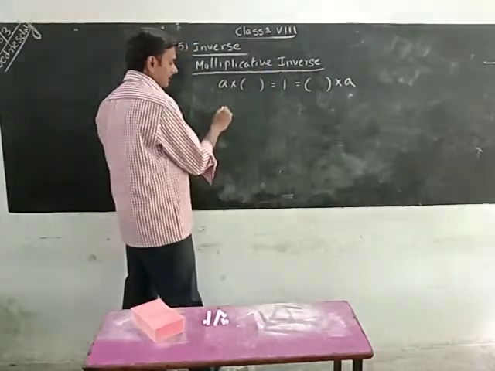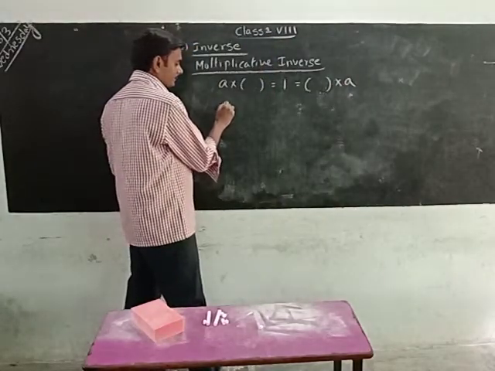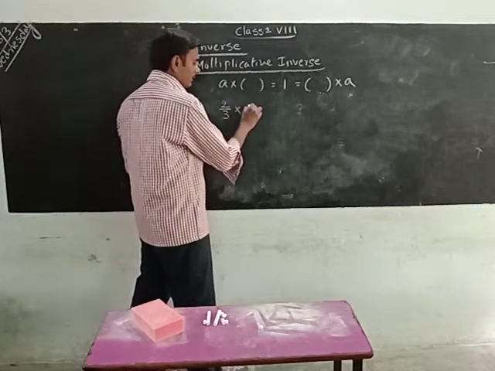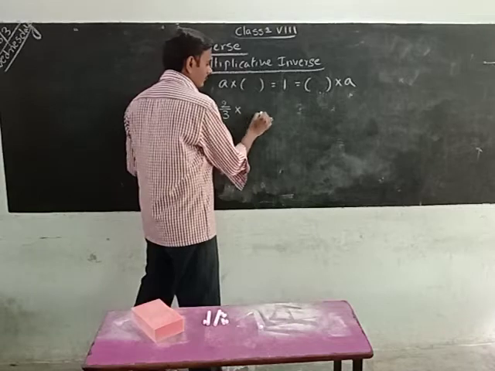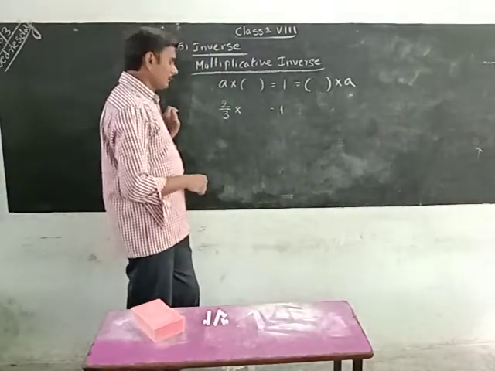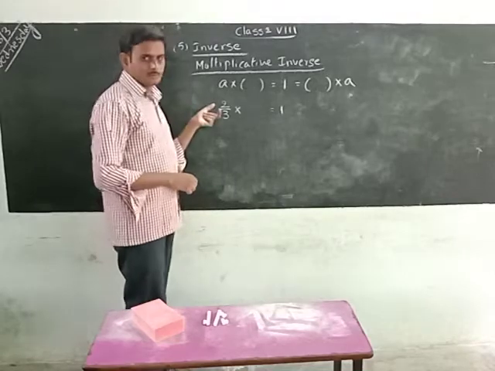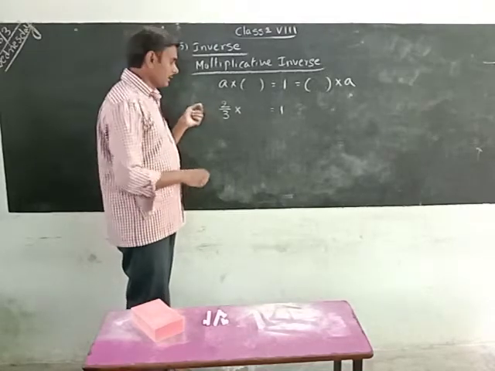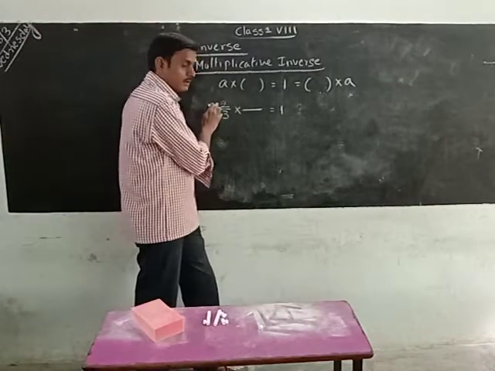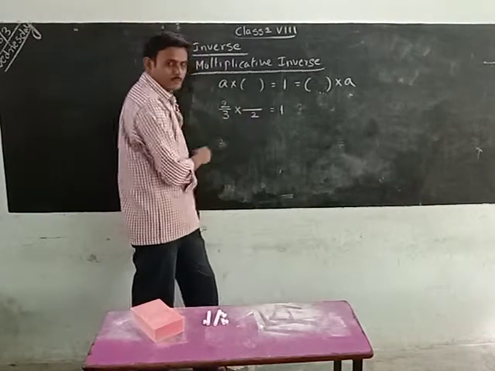For example, I take the number 2 by 3. 2 by 3 multiplied with which number to get 1? We have to multiply by the reverse of this number. To cancel the numerator 2, the denominator should be 2.